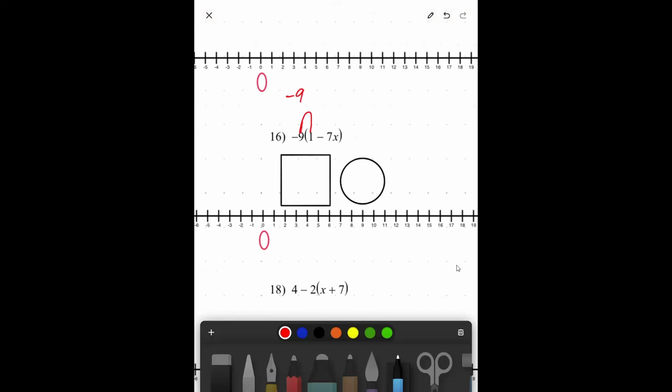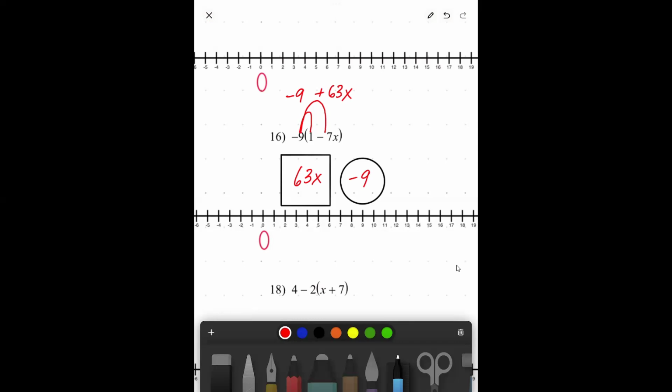And then a negative 9 times a negative 7, and that's going to be a positive 63. And of course, I have to keep the x. If I were doing that in boxes and circles, I would put the 63x here and the minus 9 here. And that's all I can do. There's nothing else you can do because boxes and circles don't mix, just like cats and dogs don't mix.